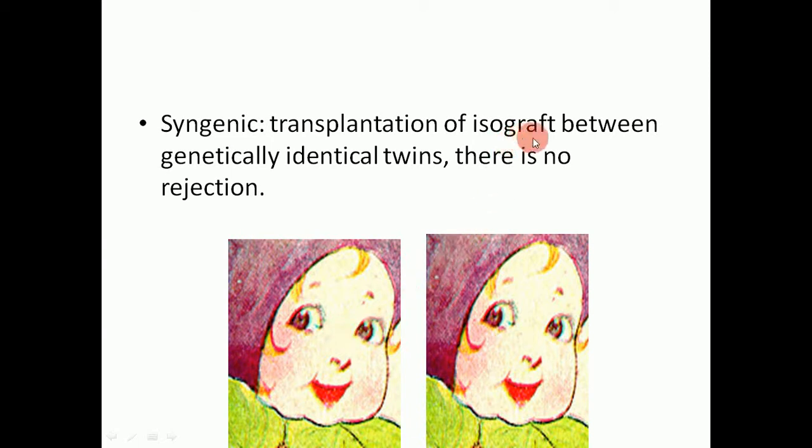Here we use the term graft for any organ or tissue or cell which is transplanted from one person to another or in the same person. And the syngeneic is the transplantation of the graft from genetically identical twins.